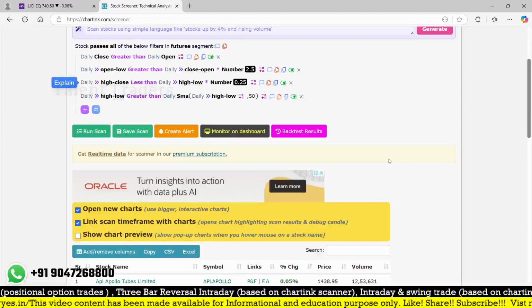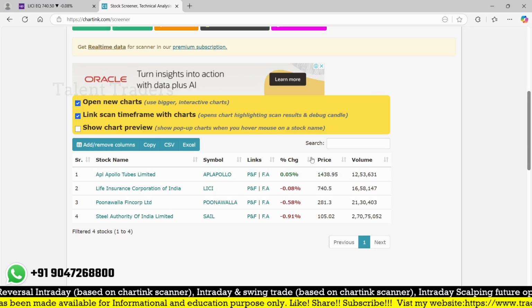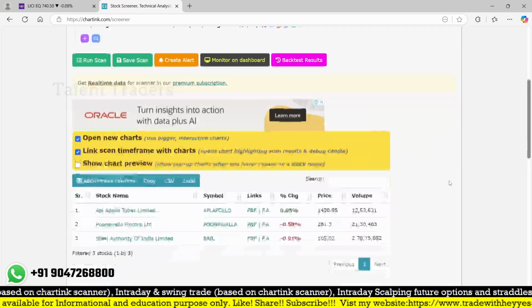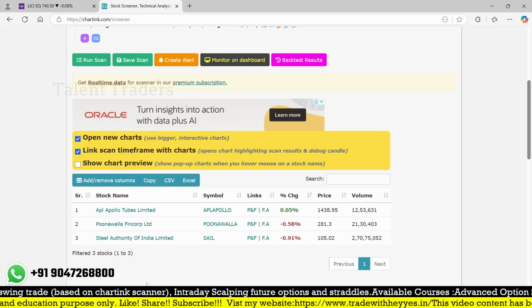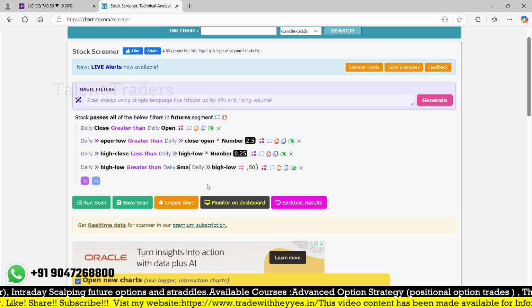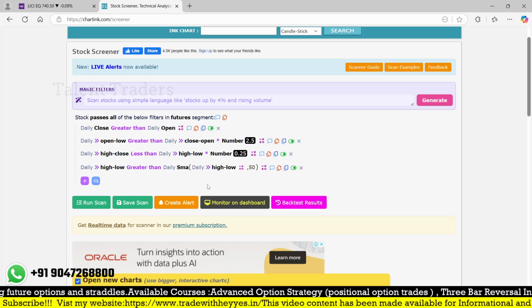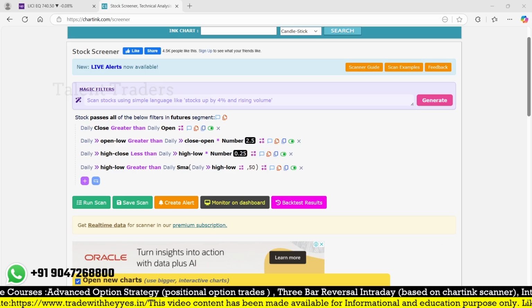Previously we had 4 stocks. If today's range is greater than the average of the last 50 candles, let it run. So one stock would be removed. What we have seen is LIC is removed, because we are looking for a candle size of high and low comparatively greater than the average one.